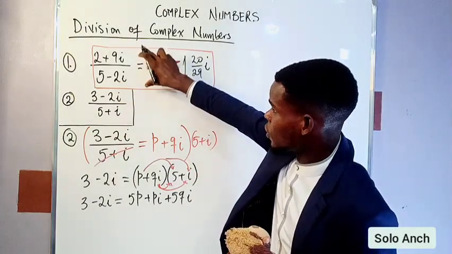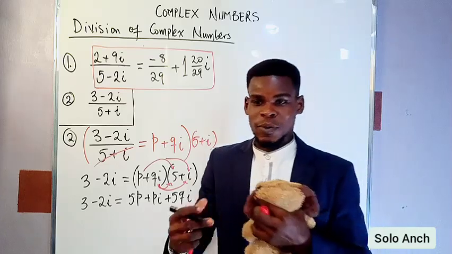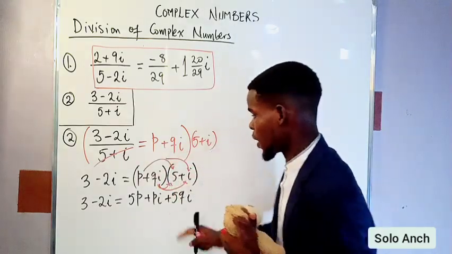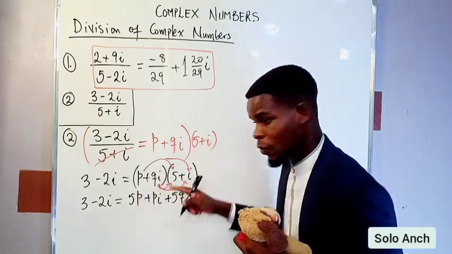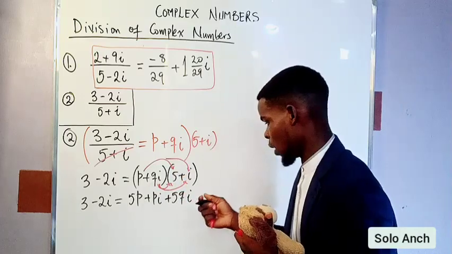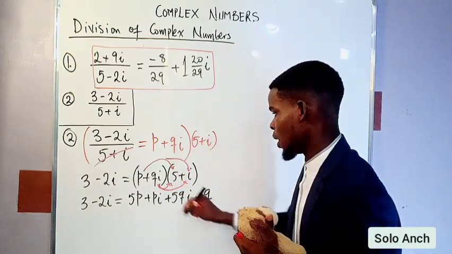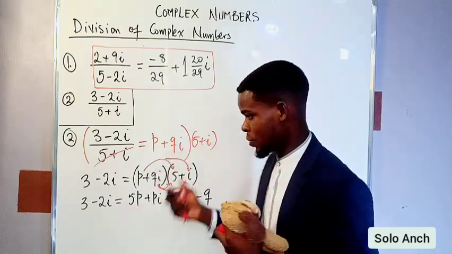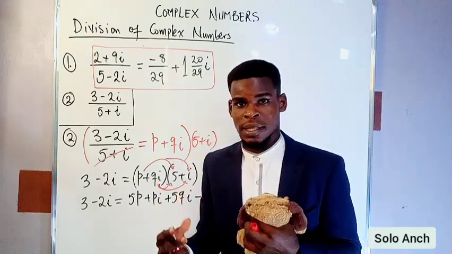While computing that, we take note that i squared is going to be -1. So Qi times i is going to be Qi squared, but because of the i squared, we're going to have negative Q, where the negative is from the i times i, which is -1 times Q, negative Q. Good.